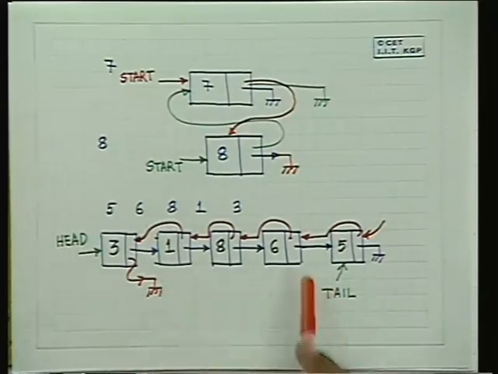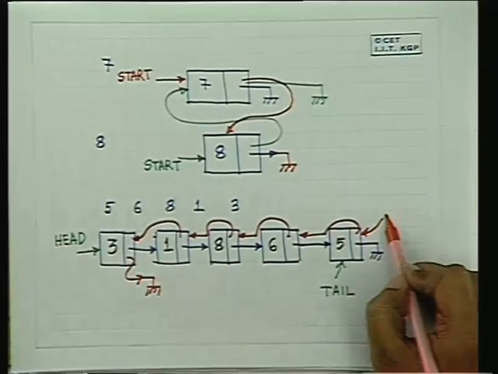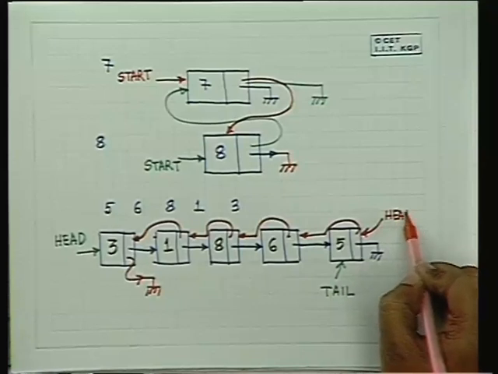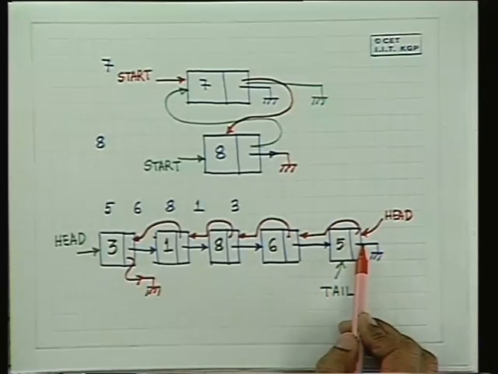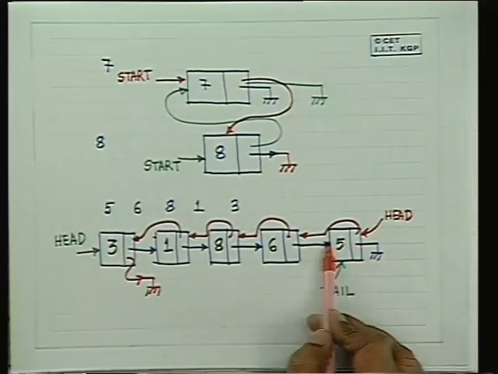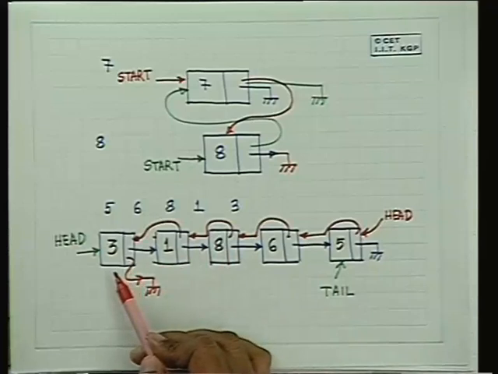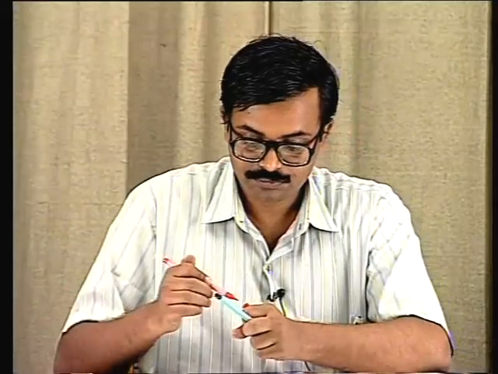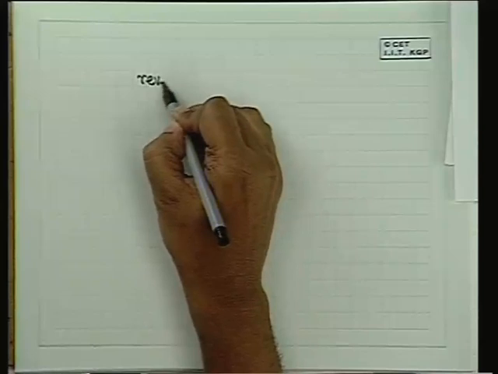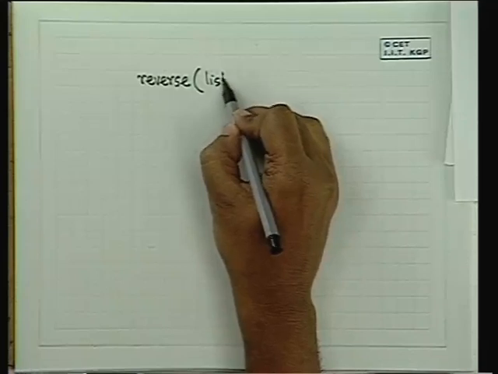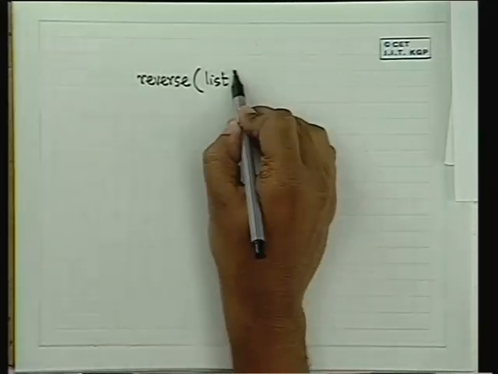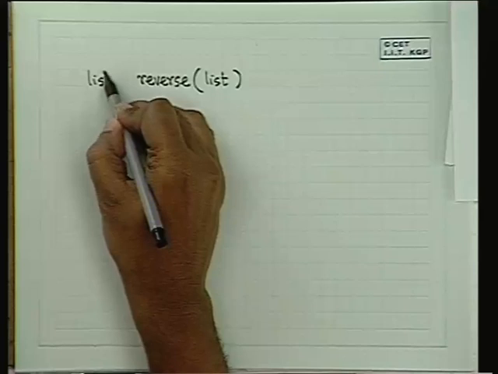That is, given a list like this, I want to reverse a list, which means that the head will now be what the tail was, and all the pointers will point back to the previous nodes. So I want a routine which is like this: reverse, it will take in a list type and it will return a list type.